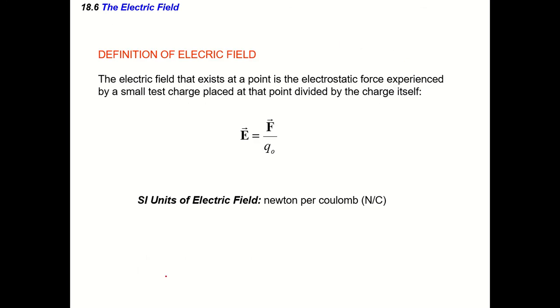Now we have here the definition of electric field. So this is our main topic in class. The previous topics that we've discussed are just the continuation. The electric field that exists at a point is the electrostatic force experienced by a small test charge placed at that point divided by the charge itself.